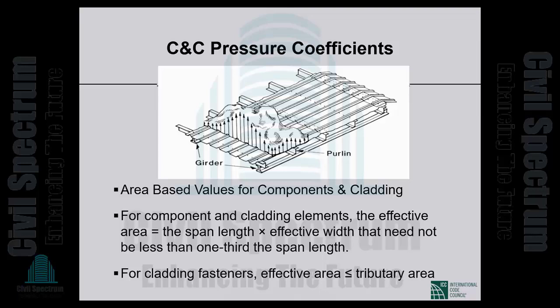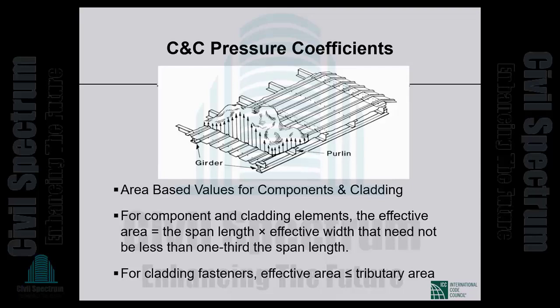Through ASCE 7, BNBC 2020, or any wind code you pick up around the world, there is a major pervasive division between the main wind force resisting system and components and cladding. Both are defined. Definitions are in 2.1.3 of BNBC.